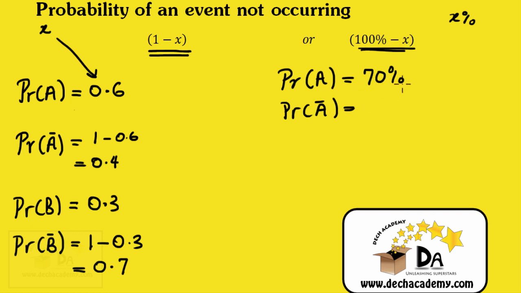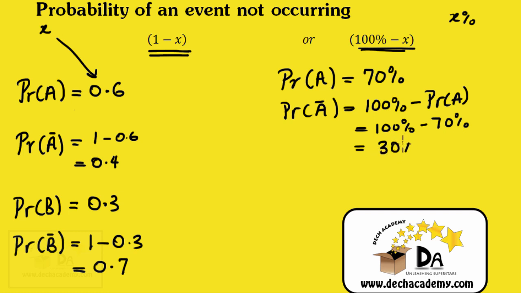In our case, x is 70%, the probability of the event occurring. So the probability of A not occurring is equal to 100% minus 70%, which is equal to 30%. That's the probability of A not occurring.